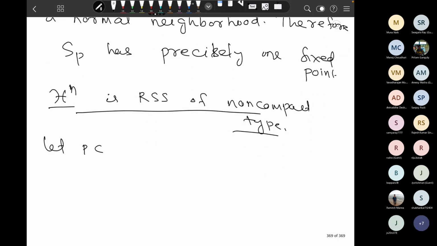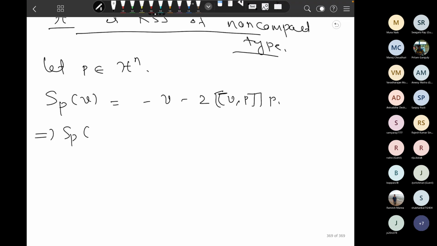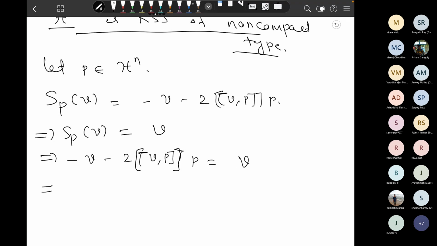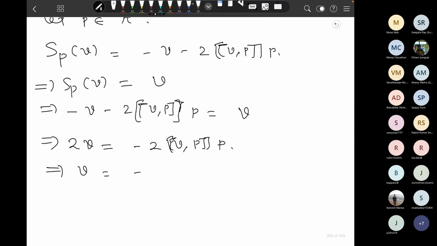S_P(B) is equal to minus B minus 2 times the product of B and P times P. So suppose S_P(B) is equal to B. That means B is equal to minus B minus 2 times the product of B and P times P.